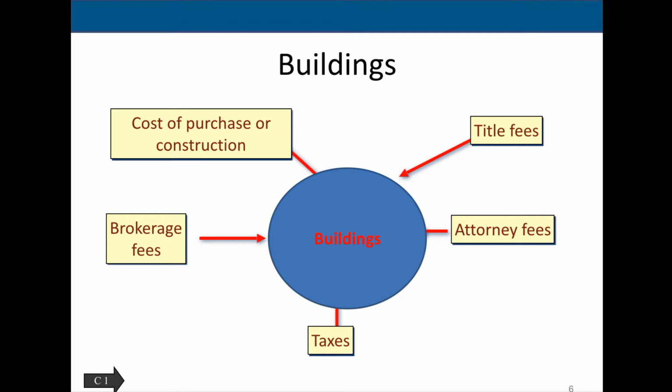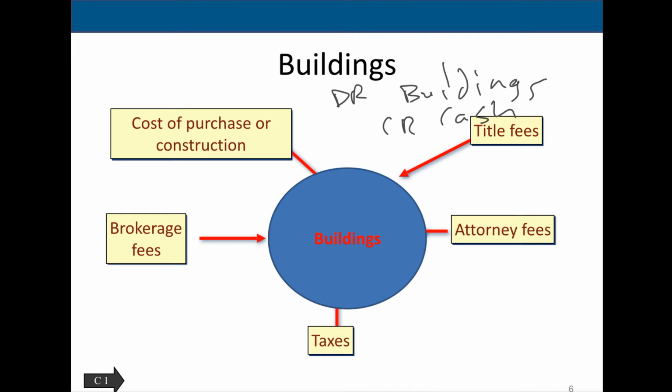It doesn't really matter the title of this, as long as you know, okay, there's going to be some asset account within the property, plant, and equipment that's capturing where my buildings are. Within that account, the attorney's fees, taxes, brokerage fees, and the cost of the initial purchase or construction, and the title fees would all go into the journal entry that said debit to account called buildings, credits to cash or accounts payable or whatever. Okay?